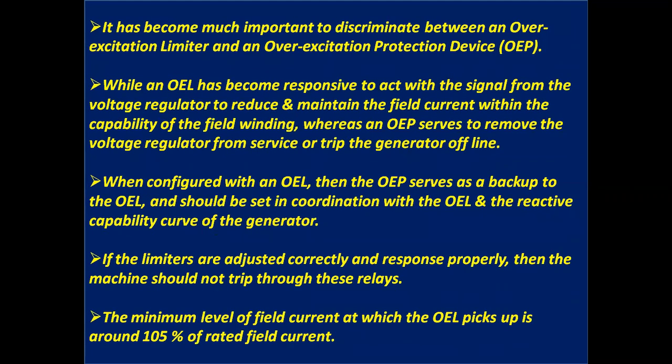It is important to discriminate between the overexcitation limiter and an overexcitation protection device. While an overexcitation limiter responds to a signal from the voltage regulator to reduce and maintain the field current within the capability of the field winding, an overexcitation protection device serves to remove the voltage regulator from service or trip the generator offline.